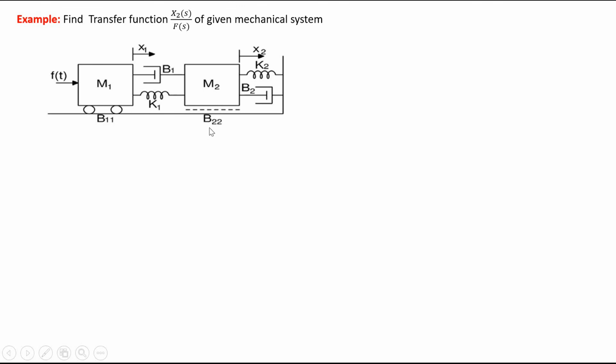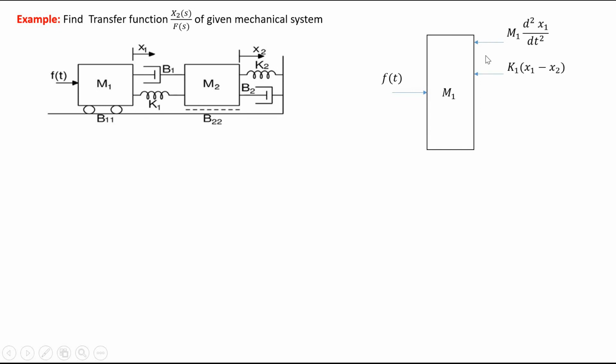For m1, the applied force is f of t, and there will be m1 d square x1 by dt square, then k1 into x1 minus x2, b1 d by dt of x1 minus x2. Additional to that, there will be b11 dx1 by dt, the frictional force. We have to take the friction also, so that we can take this dashpot, because a dashpot is a representation of friction.